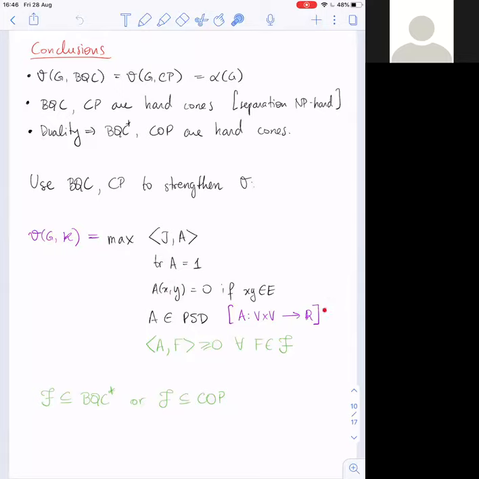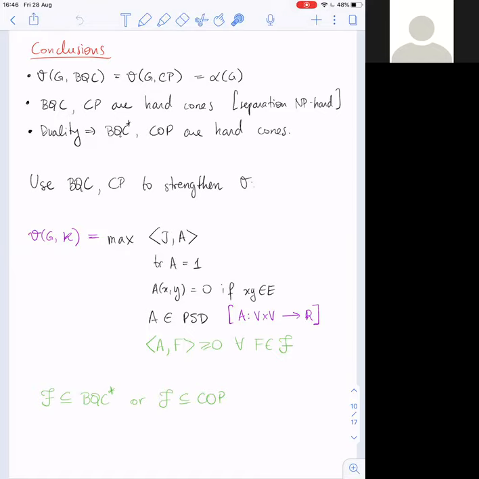So this problem is easy to solve. And now if you are clever, you can try to find, say, a collection of copositive matrices that's going to give you a bunch of linear inequalities that's going to improve your bound, right?